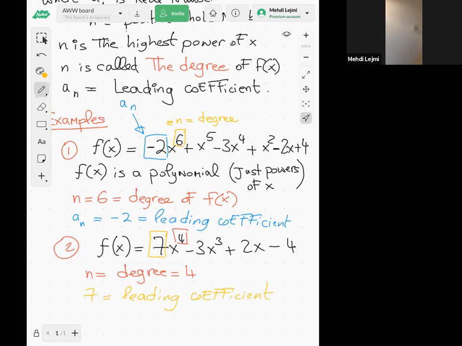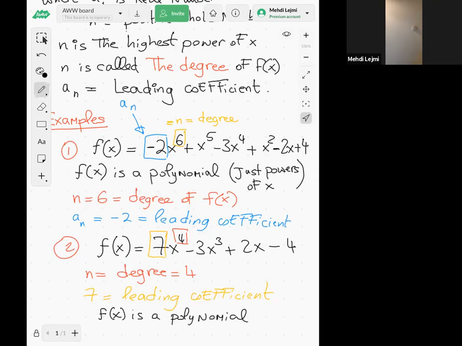Of course, this f of x is a polynomial. So again, guys, all you have to keep in mind is that the highest power of x is called the degree, and the number in front of the highest power of x is called the leading coefficient, right?